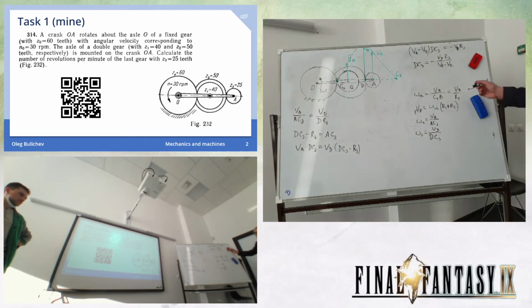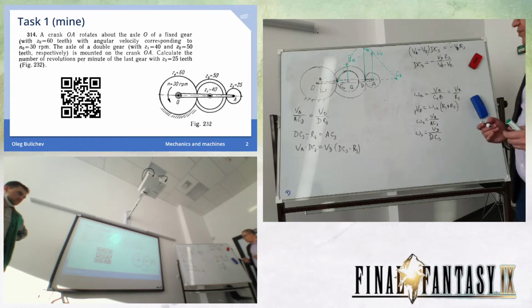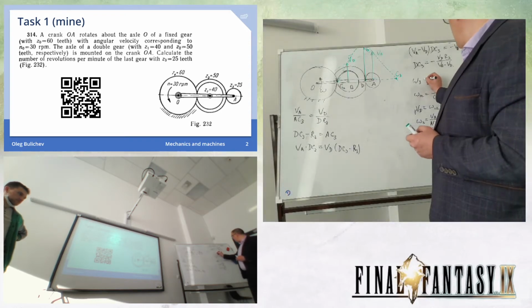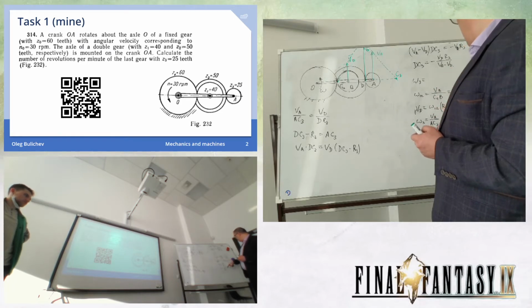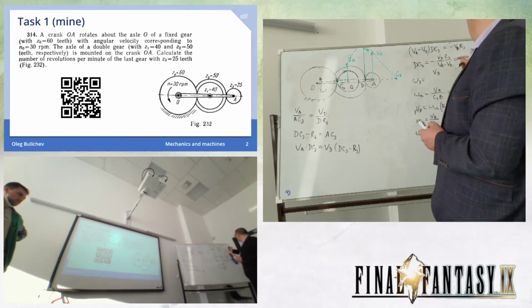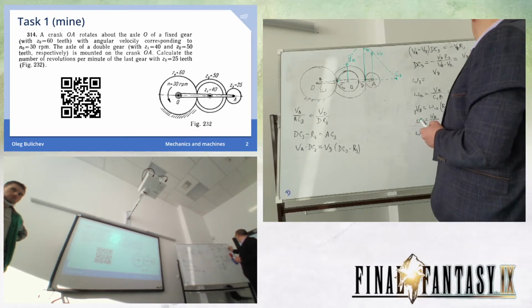The minus here means we just need to have minus here, and we really have it because VA is less than VD. So this is no problem. Of course, DC3 is a positive value. And then omega 3 is VD, I write it without minus, VD over DC3.